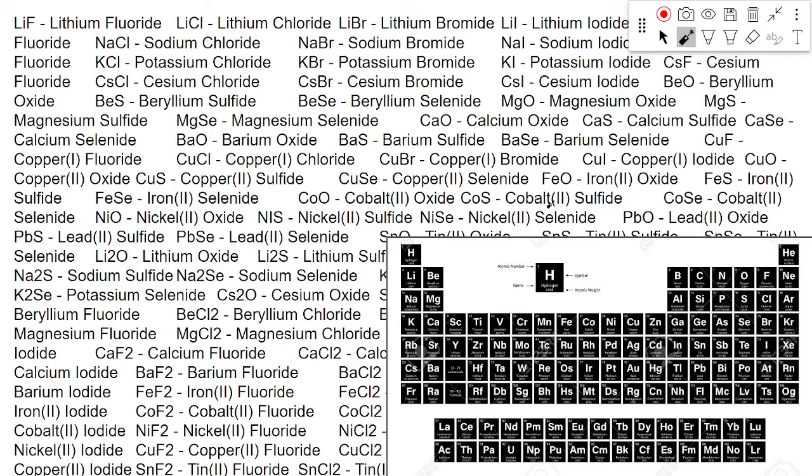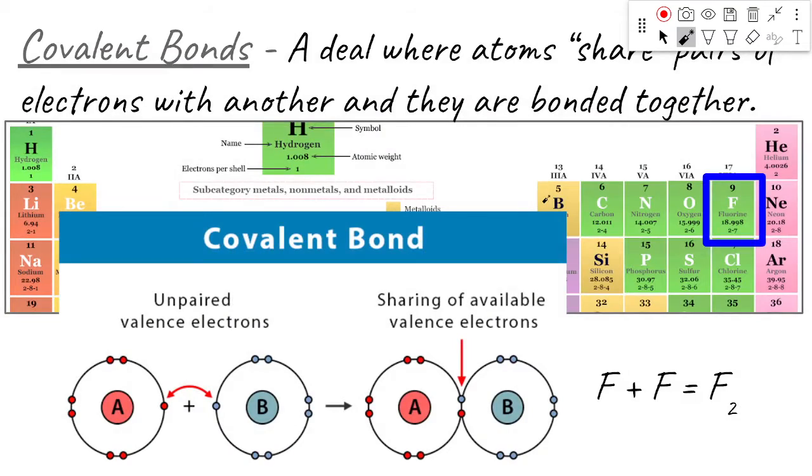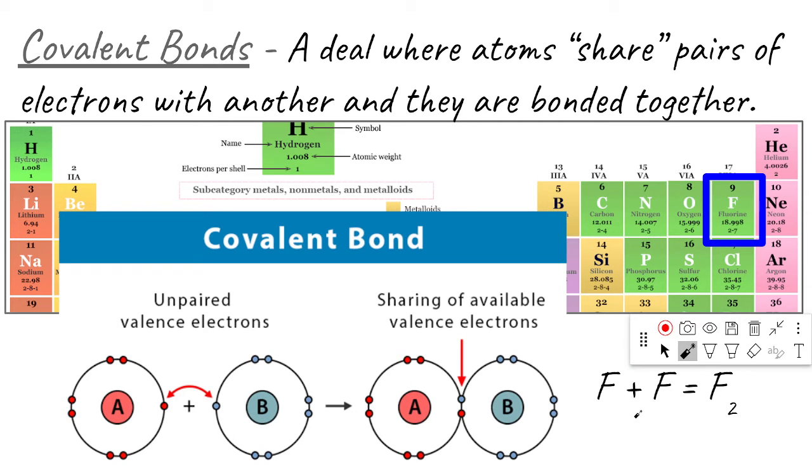Now, the other kind is called a covalent bond, and this is different. This is where I have atoms, multiple atoms that share pairs of electrons. So it's not that one atom gives an electron to the other atom.